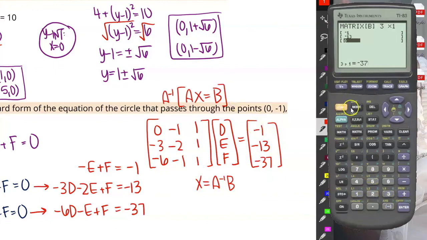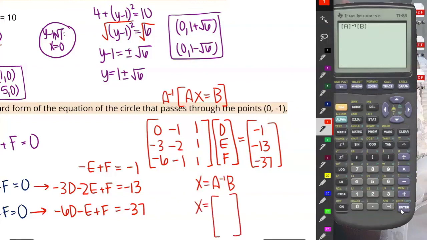Alright, and then I'm going to quit. Wait, I better hit enter. Make sure that goes in there. Okay, quit to my calculation screen. I'm going to call up matrix A. I'm going to take the inverse of that, and then I'm going to multiply it by matrix B. Okay, do the same thing, and go ahead and tell me in the Edpuzzle what you got as the entries in your 3 by 1 matrix.